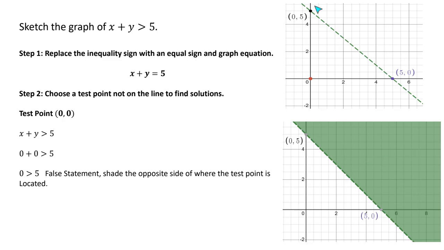What this means is that you can pick any point in the shaded green area, and if you plug it in for x and y in the inequality, it's going to result in a true statement. If you pick any point on the other side, it results in a false statement. So your answer would be this graph that is shaded in green.